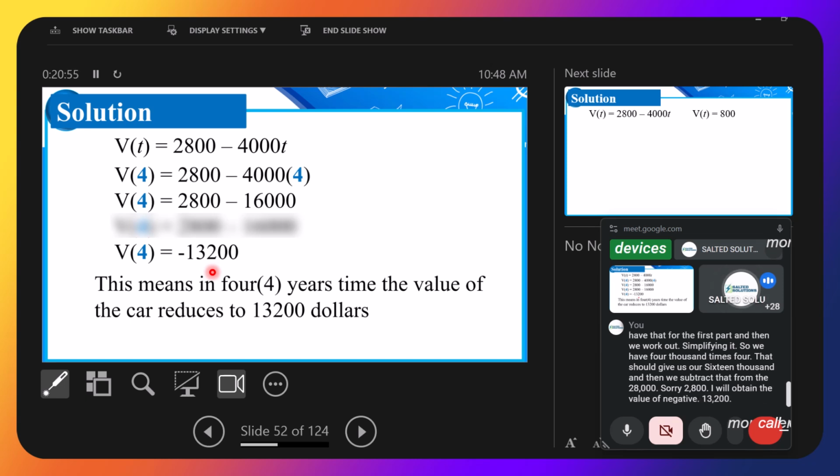Okay, so this is where some people had it wrong. They got the figure 13,200, but there was no negative attached to it. So the negative there has a meaning mathematically. It means that there is a depreciation or a reduction. We all agree that we are expecting that the cost of a car over the years should increase, should appreciate.